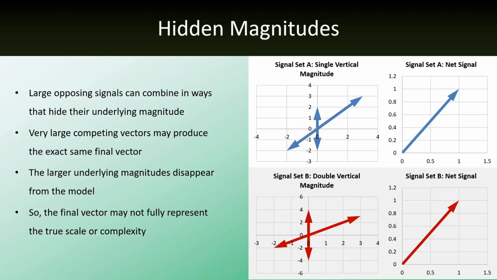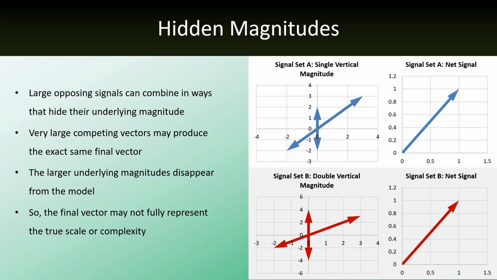Hidden magnitudes. Cancellation destroys another facet of information in our models. Large opposing signals can combine in ways that reduce or hide their underlying magnitude inside the final net result. A system containing very large competing vectors may produce the exact same final vector as a system built from much smaller signals.